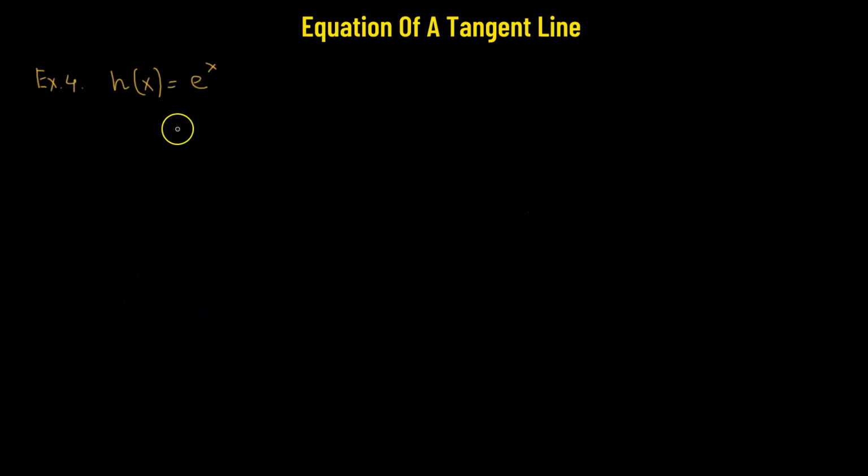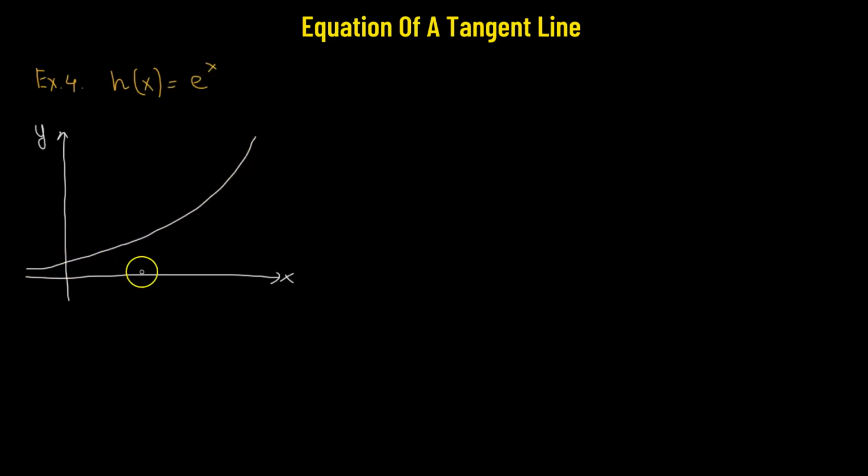So we have our exponential function and we want to find the equation of the tangent. First let's try to sketch the exponential function. So we have the x-axis and the y-axis. Since this is an increasing function, e raised to the power of x, which is an increasing exponential function, it is going to increase as x increases. Let's suppose we want to consider the point at x equals 4.